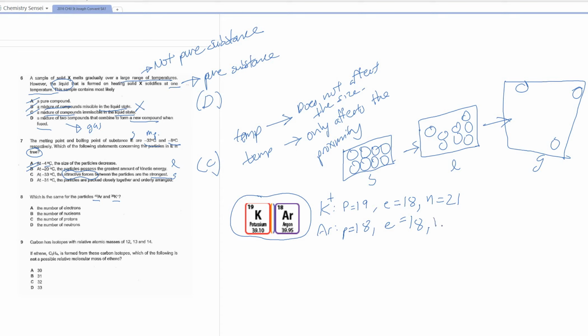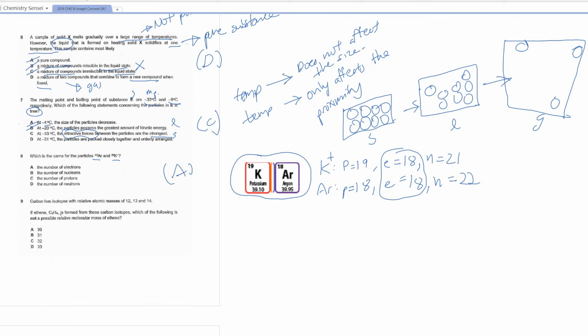For neutrons, similarly, we take the mass number found over here, which is 40, minus away the number of protons, which is 18. We will get the number 22. So by comparing, we realize that the number of electrons are the same. So the correct answer is option A for question 8.